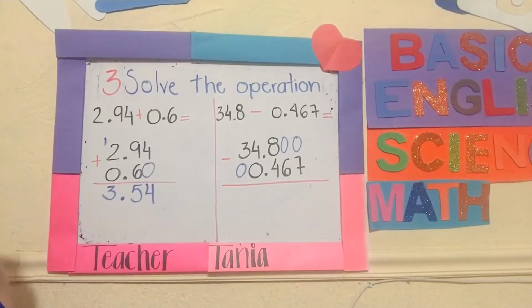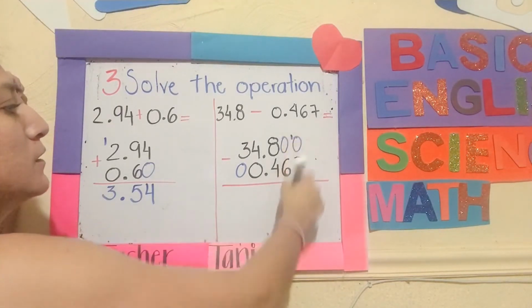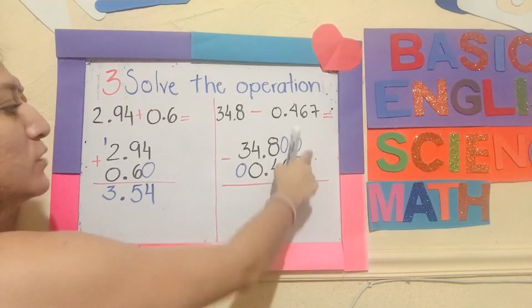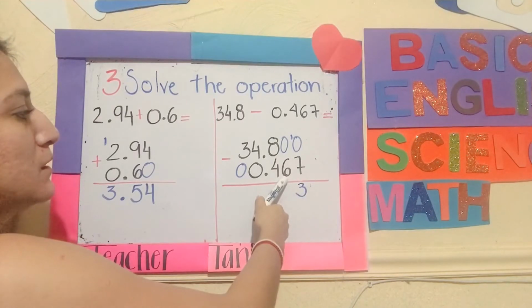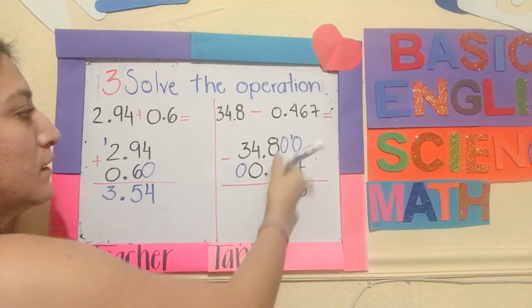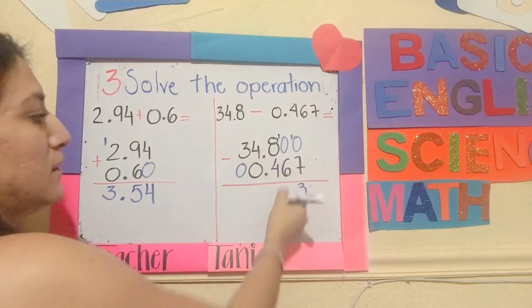And now let's solve the subtraction. Here we have 7 and we need to borrow 1, and now 7 to get to 10, it's 3. This turns into 7 and we borrow another one, 7 to 10, 3 again.